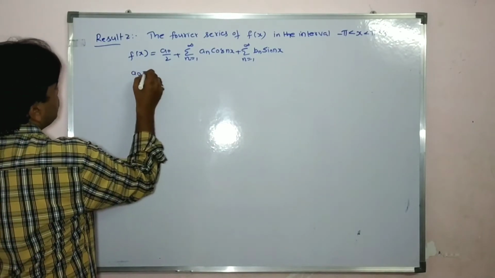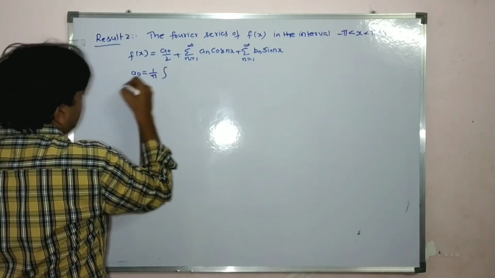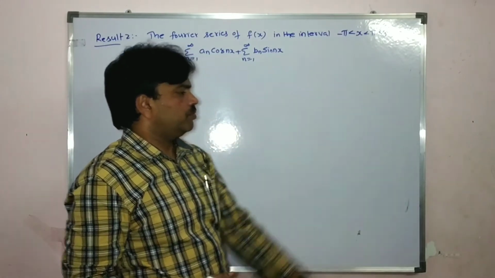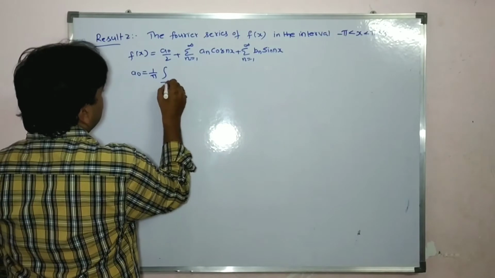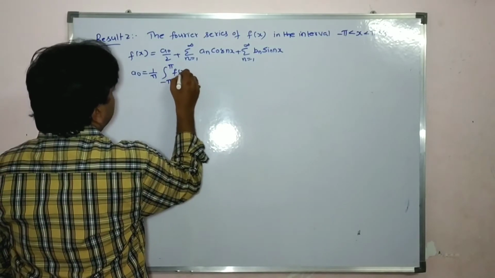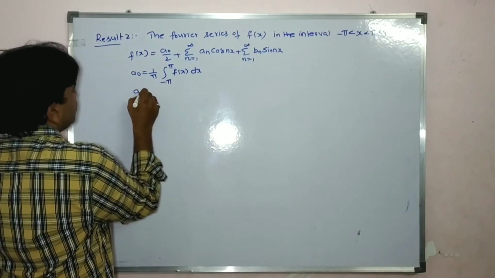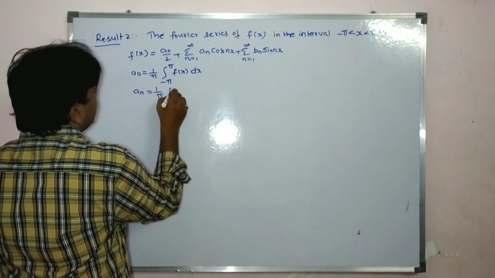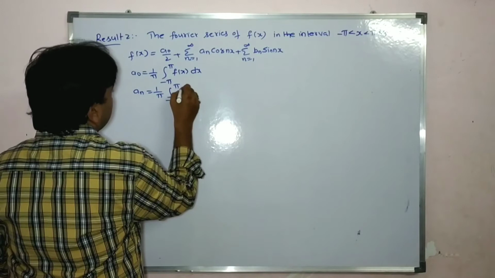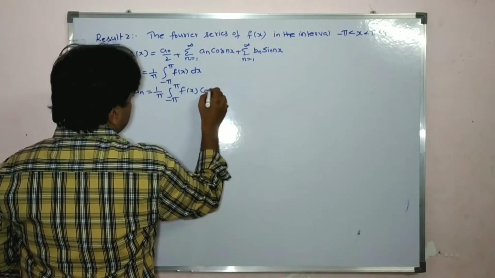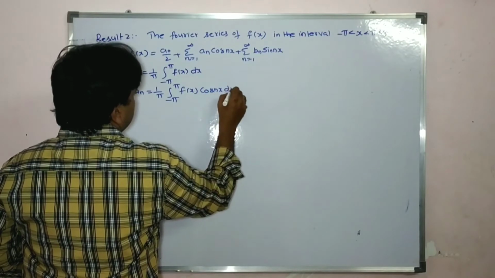Now what is the a naught value, students? Here 1 by pi integral. The limits are changed, students. What is the limit here? Minus pi to pi. So you write here minus pi to pi f of x dx. What is the a n value, students? 1 by pi integral minus pi to pi f of x cos nx dx.